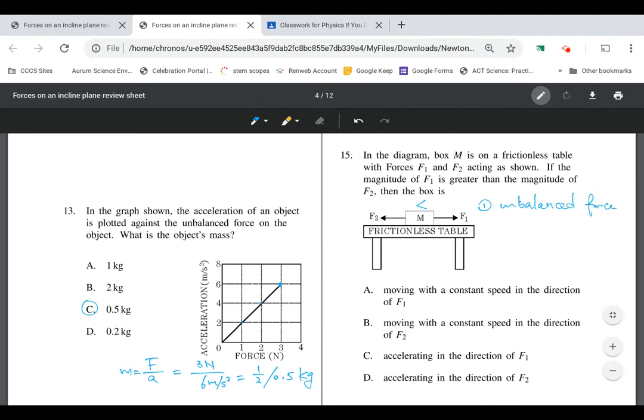Unbalanced force means there will be acceleration. In what direction? The direction of the greater force. So your answer is C, accelerating in the direction of F1.